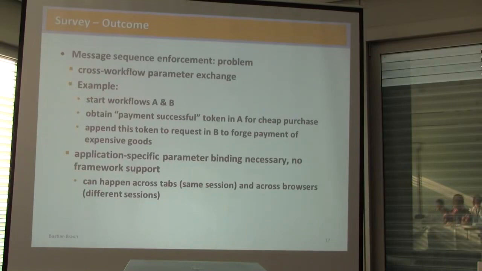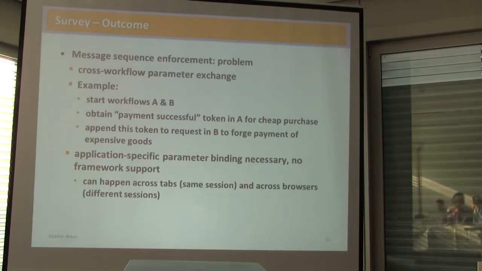But there is still a problem, which is not solved by this framework. It is debatable whether a framework should even protect against this kind of attacks. Nevertheless, having several workflows in parallel also means that users might be able to exchange parameters between two workflows. This was also described in a popular paper at Security and Privacy in Oakland, where attackers were able to buy items in a shop in one of these tabs, cheap items again, and then they obtained an HTTP parameter stating that the payment was successful.